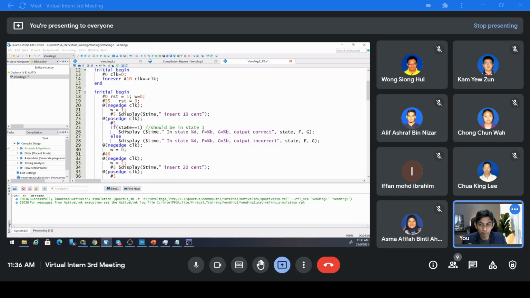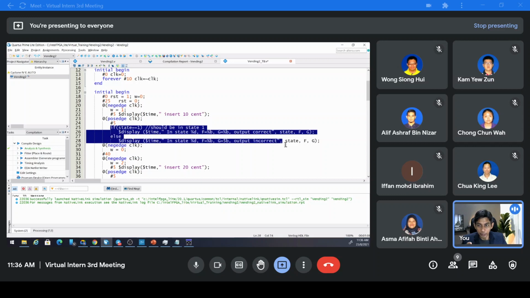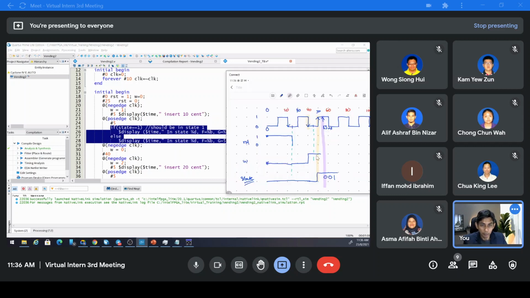Now, just like I said last week, when we want to check the output, we know that the output will change at this edge, right? But don't check the output at exactly the same time as the input change, because the output will change a little bit later because we have signal delay.